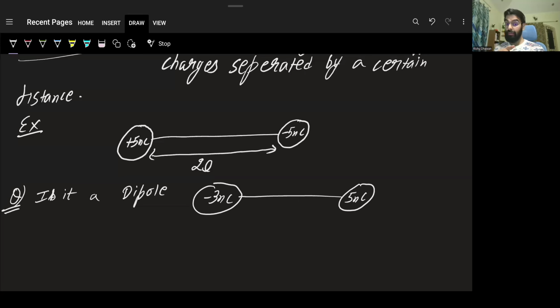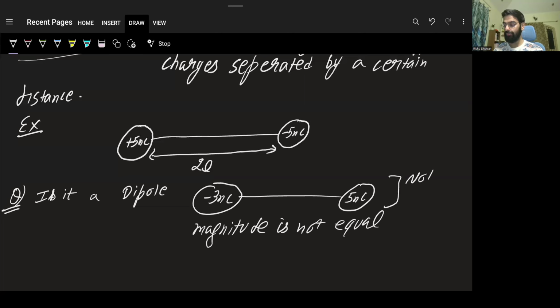Yes, they have negative and positive charges, but the magnitude is not equal, right? If magnitude is not equal, it doesn't represent a dipole. So this is not a dipole, right? Clear?